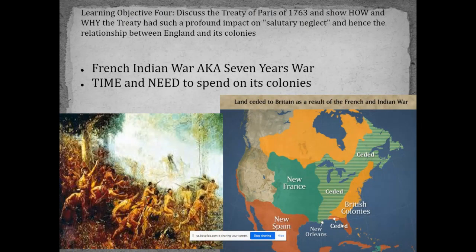And so now they have the time to focus on their colonies. The need comes, again, because the war cost a lot of money. And so there's a need to generate revenue through taxes to pay for that war. And so they're going to begin to impose taxes on the colonies.